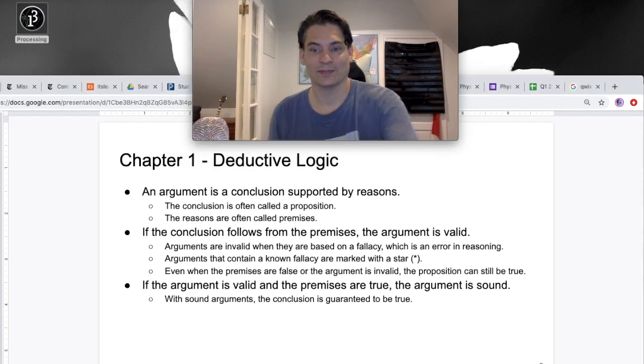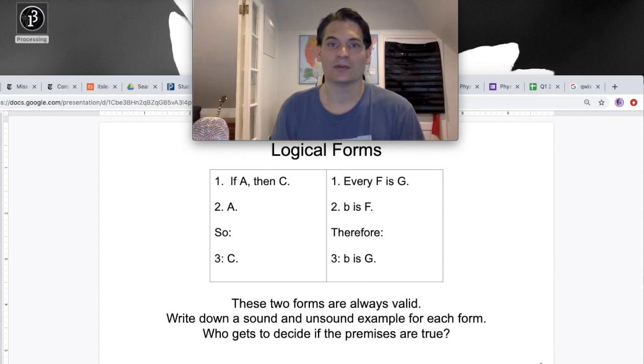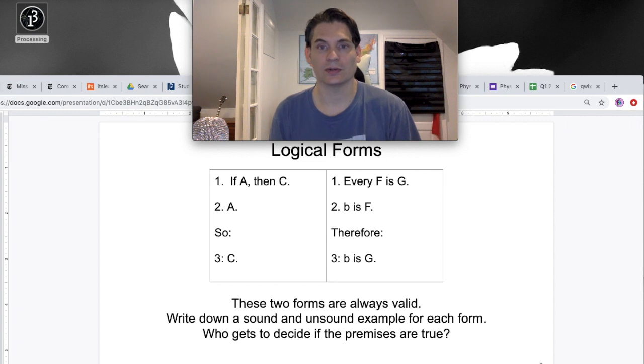Okay, there we go. So these are two structures that are pretty typical in deductive reasoning, and they're very similar to each other. Let's go ahead and look at the second one. For every F is G, B is F, therefore B is G. Let's fill in the blanks here.